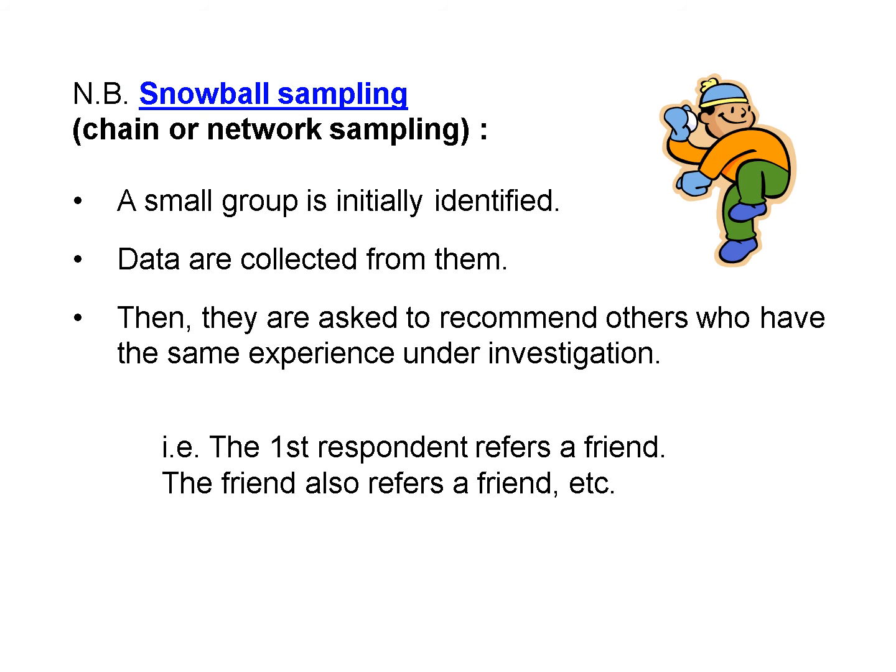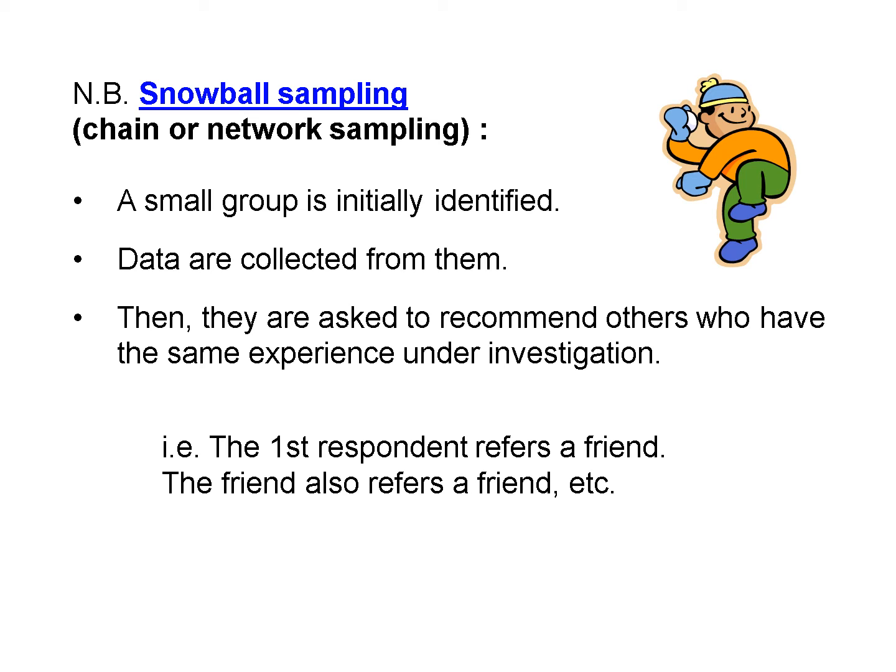One example of purposive sampling is snowball sampling. It is chain or network sampling. A small group is initially identified, then data are collected from them. Later, they are asked to recommend or recruit others who have the same experience under investigation.